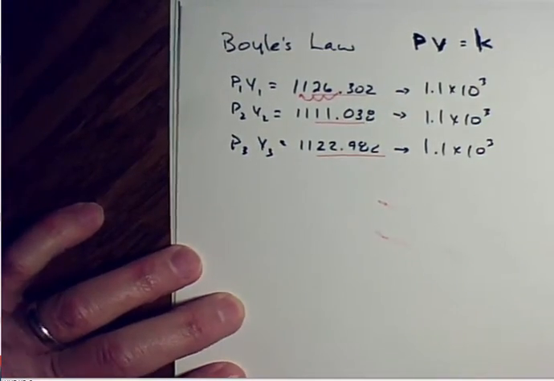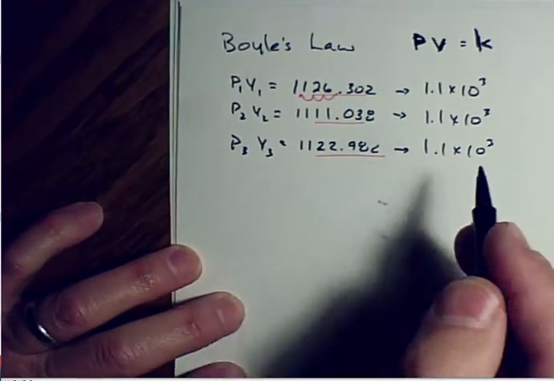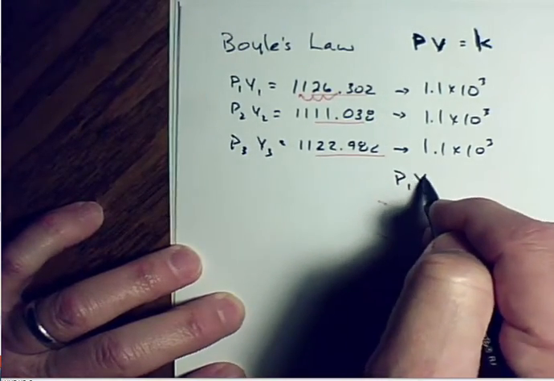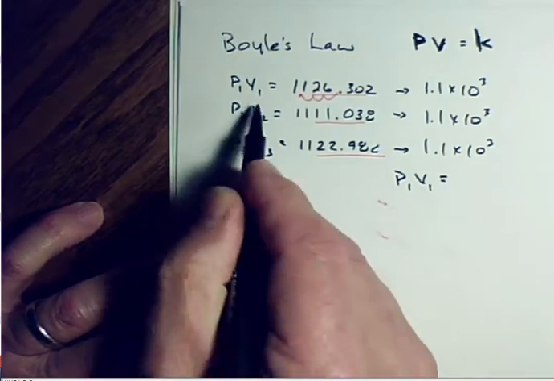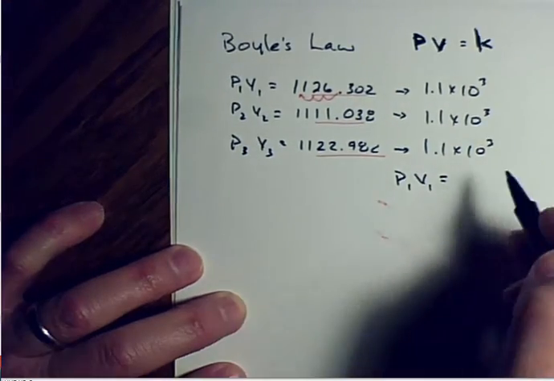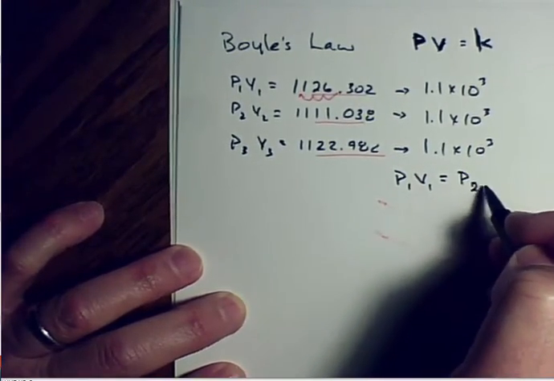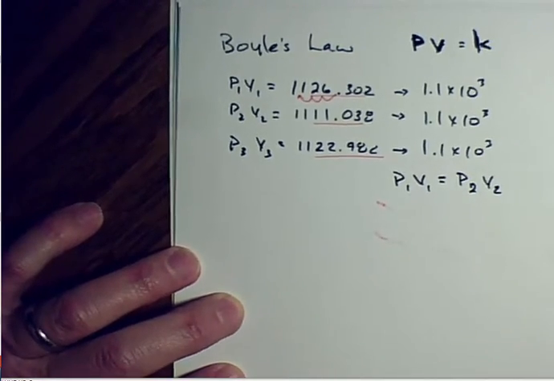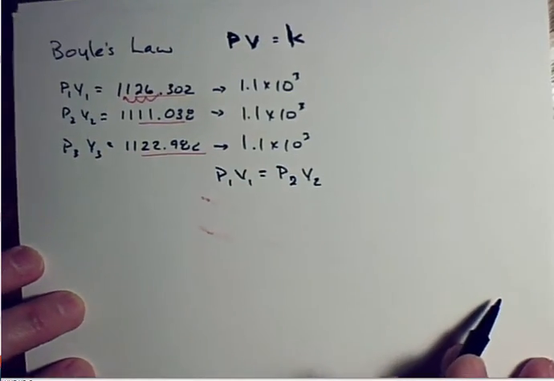That's what he found out, which means in practical terms that pressure 1 times volume 1 is going to equal any one of these others. So pressure 1 volume 1 equals pressure 2 volume 2. And this is the practical version of Boyle's Law.